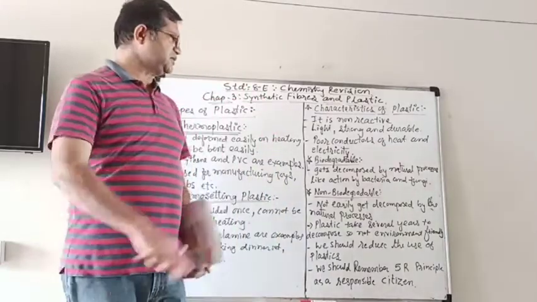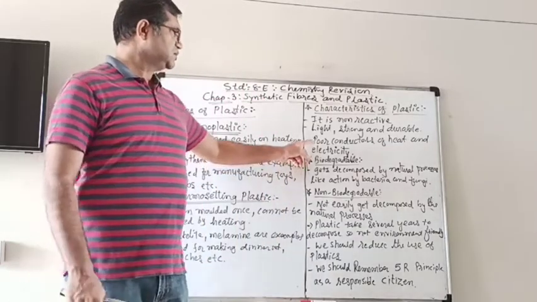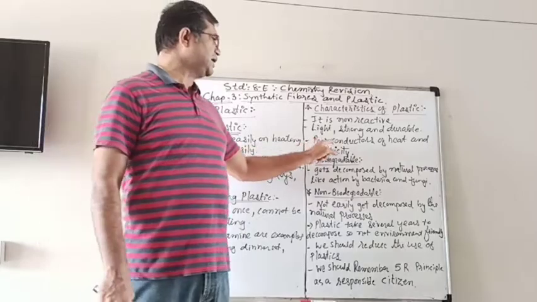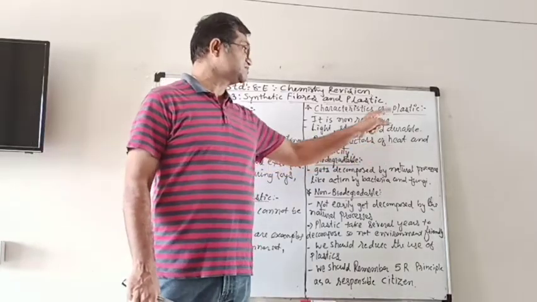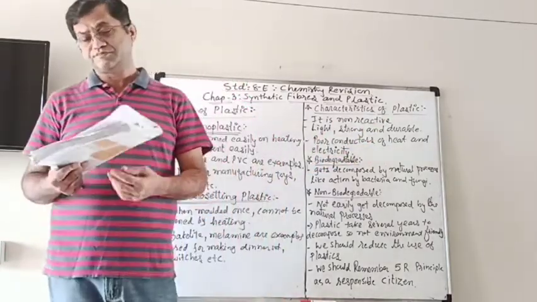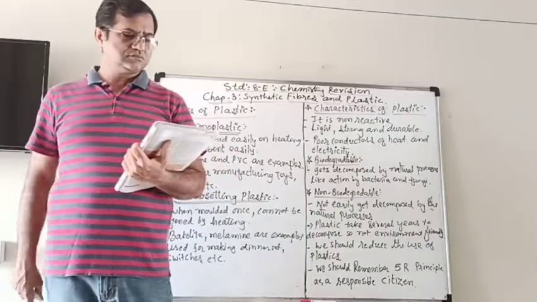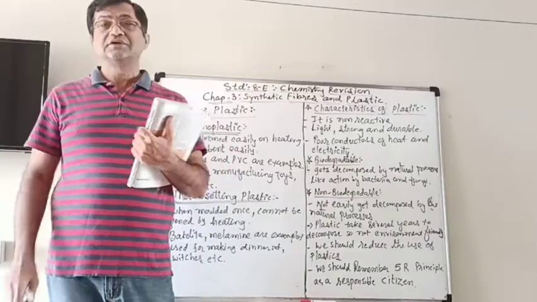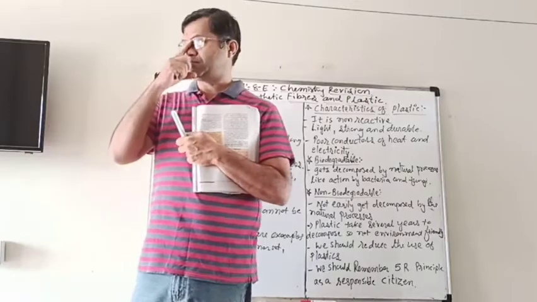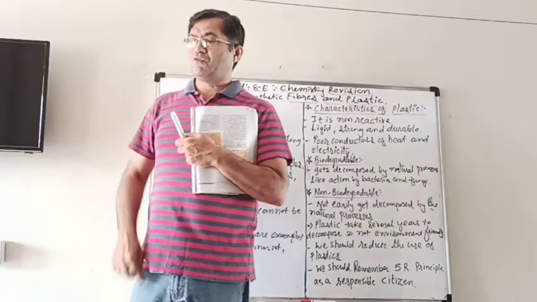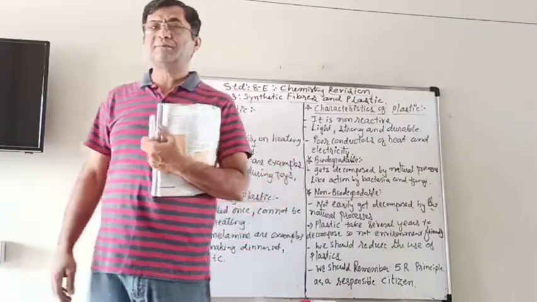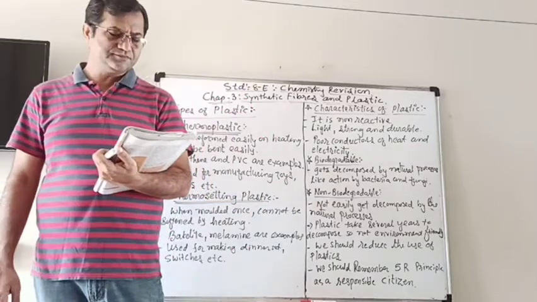The other important characteristic is that they are poor conductors of heat and electricity. And therefore we are using it. You know that the wires are coated with the plastic material.